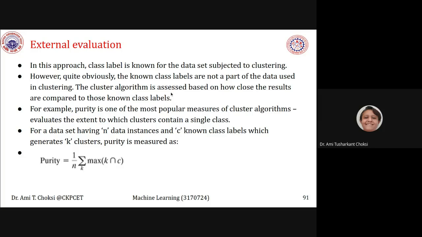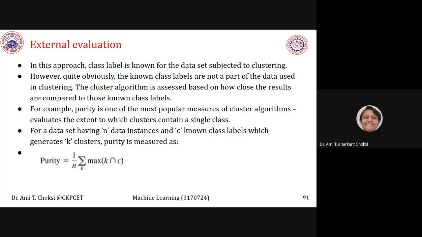The clustering algorithm is assessed based on how close the results are compared to those known class labels, right? We do not use the class labels in clustering. They are classification data, but the way we have done our clustering, we try to find the distance.